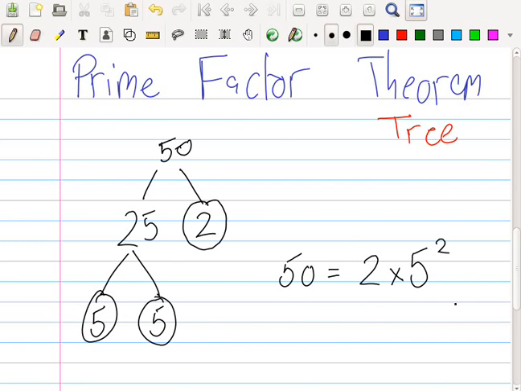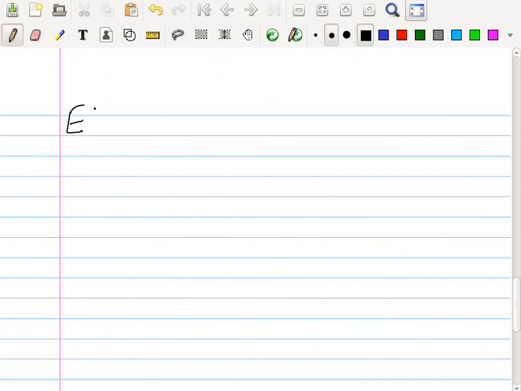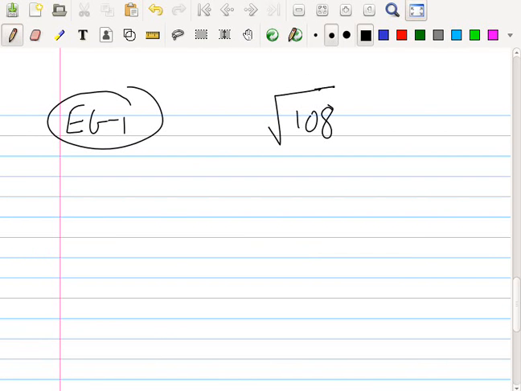Okay? Right. Now, how can we use this? So, let's look at our first example. I want to simplify square root 108. So, first, let's factorize our 108. So, 108 can be 54 and 2, and I'm done with the 2.